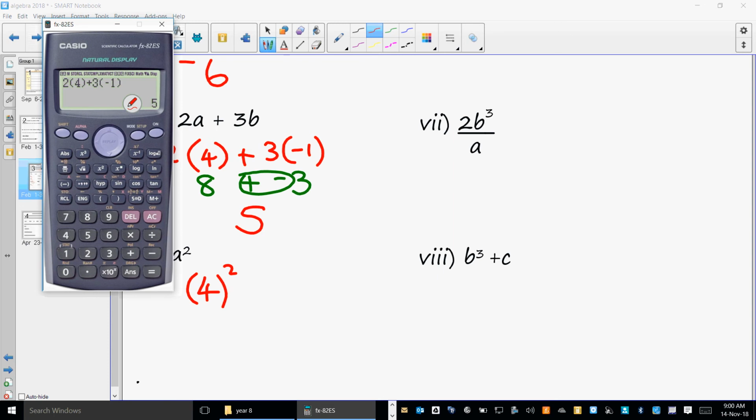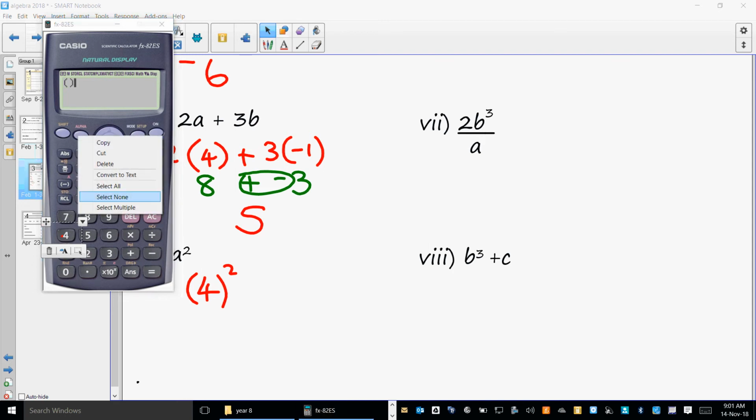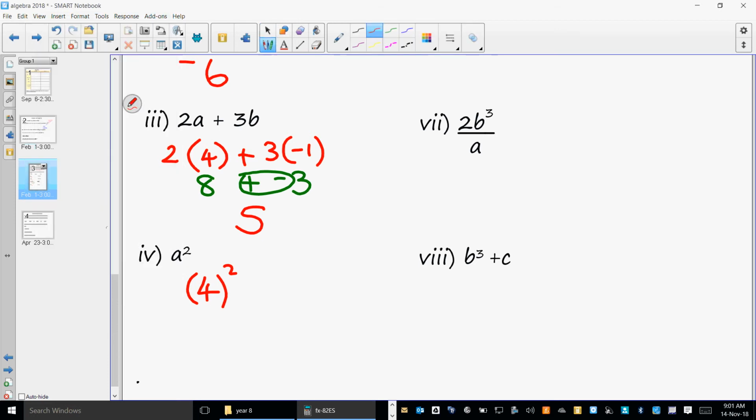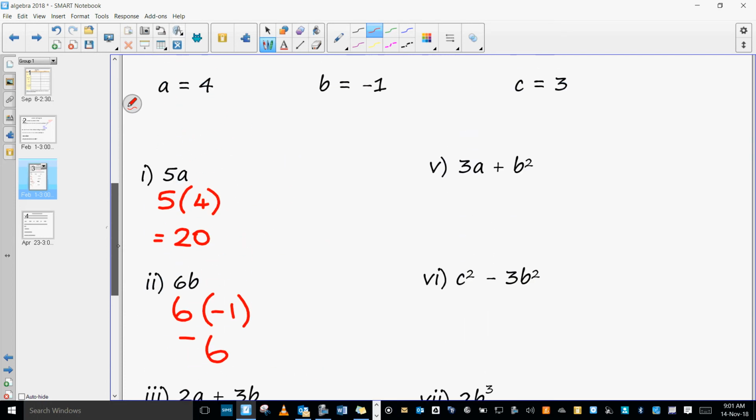So brackets, 4 brackets, and then squared is this bad boy, equals 16. All I did was that. That's how you use your brain cells. We love the brain cell usage.